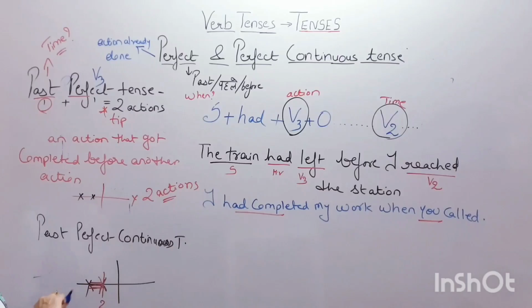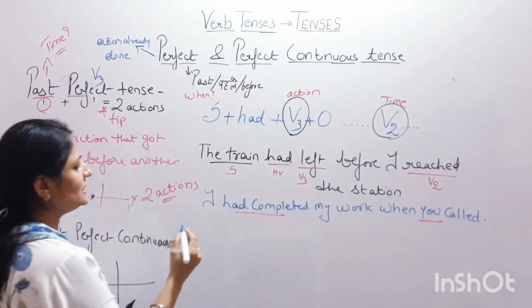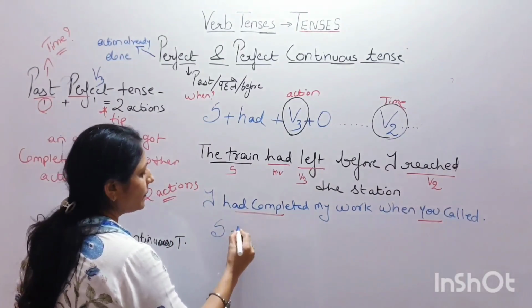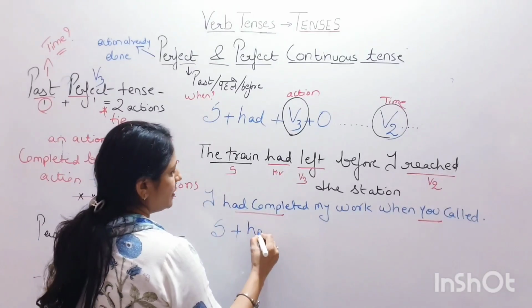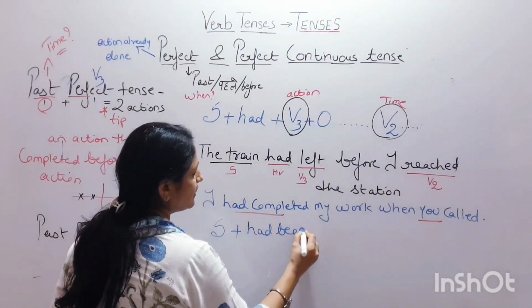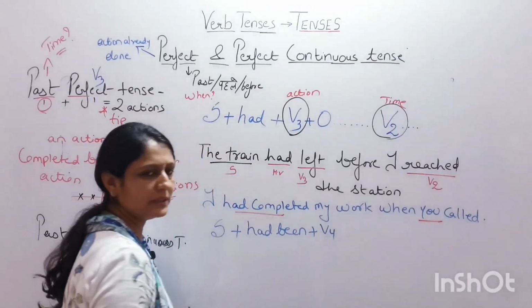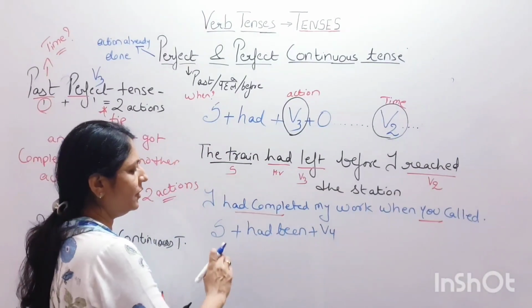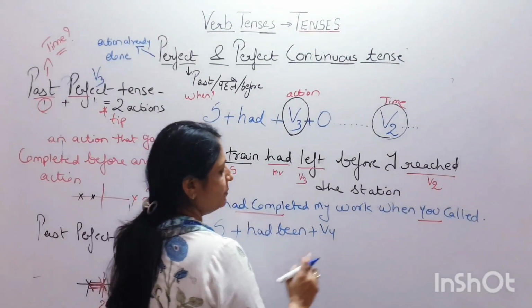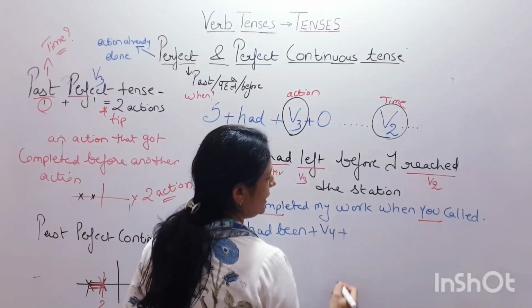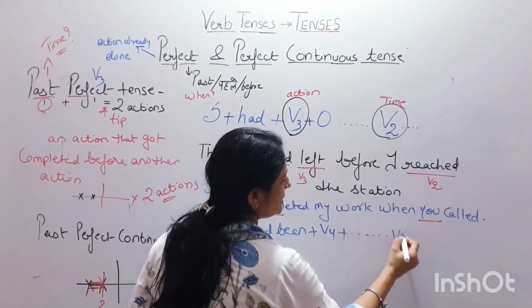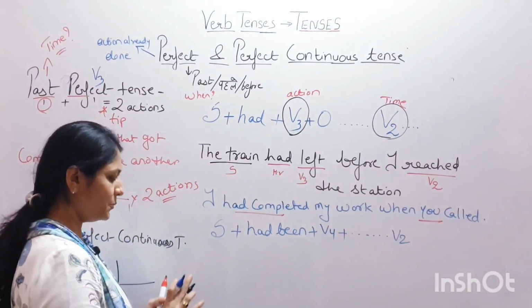Now going to the formula, what will be the formula of this? It will be subject plus had been plus, since it is continuous tense, as I already told you, all the continuous tenses take the form V4. Subject plus had been plus V4 plus. Again, the time can be in the form of V2.